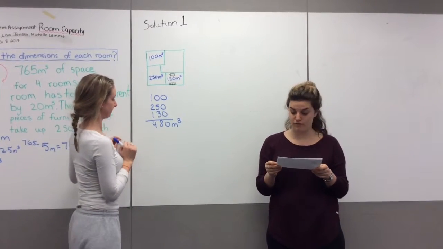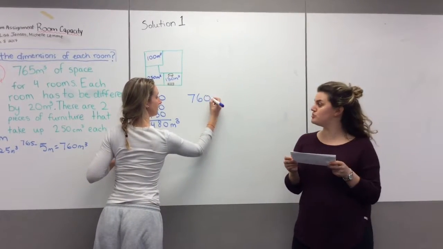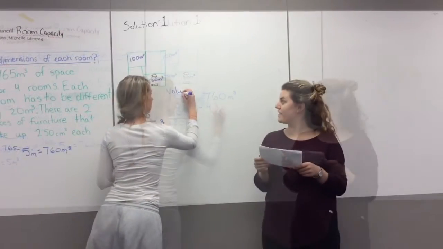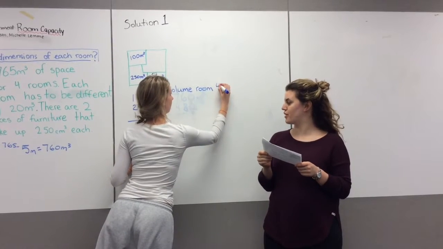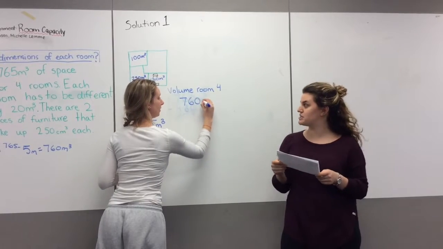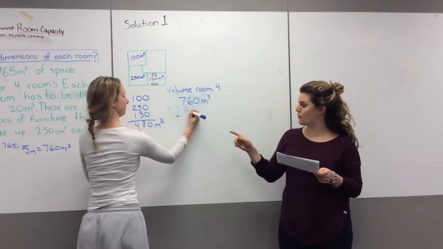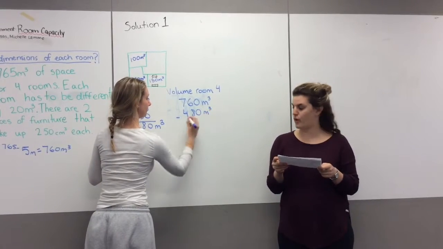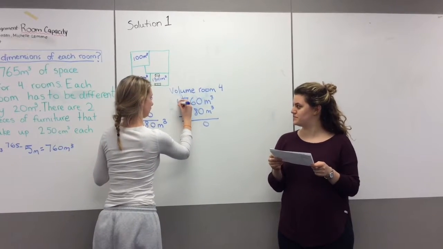Now to find room 4, we took our total amount of volume, 760 meters cubed, and subtracted the volume for rooms 1, 2, and 3, which is 480 meters cubed, to find the volume we needed for room 4, which was 280 meters cubed.